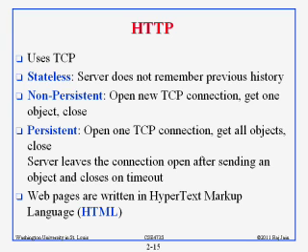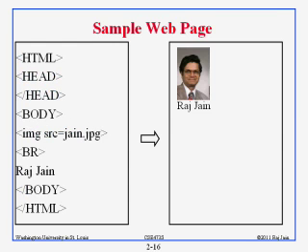Web pages are written in HTML. So let's write a page. Here is a page. HTML, head end, and then body, image, jan.jpg, break, name, Rajan, slash body. This is a full page, right?